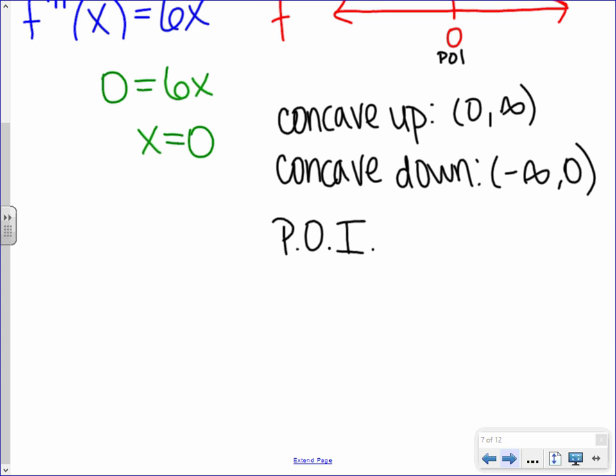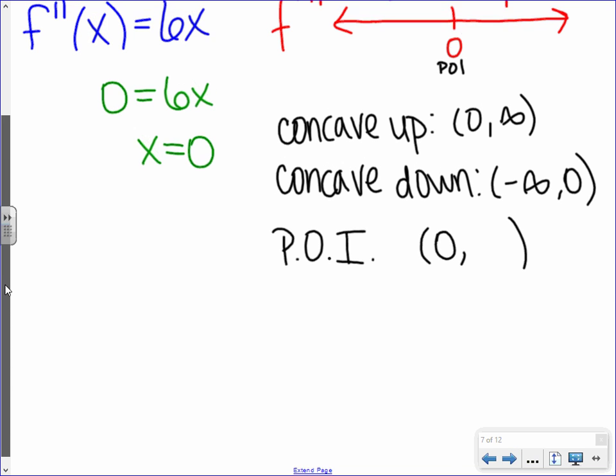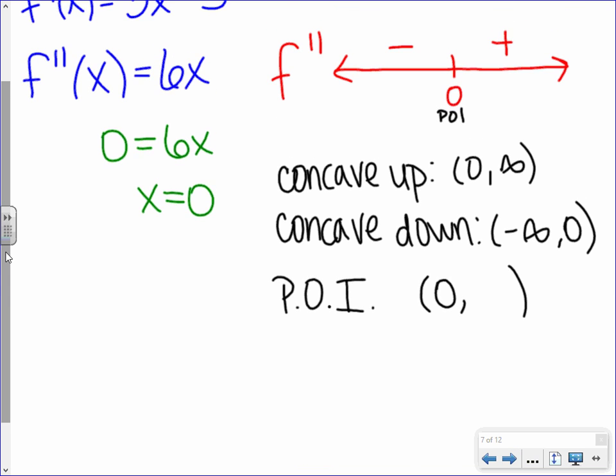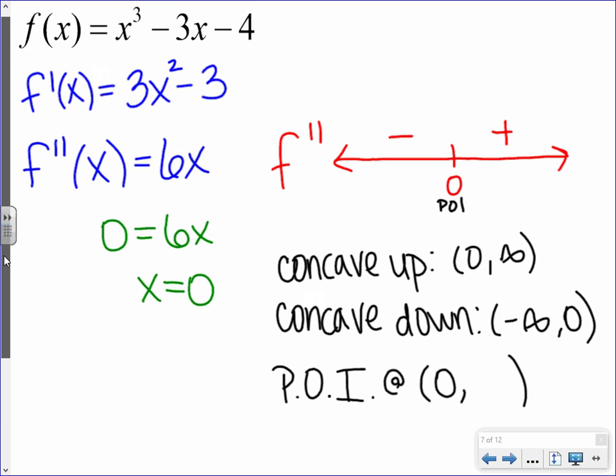Are you okay with that abbreviation? So our point of inflection is when x is 0. If we plug 0 into our original function, we get -4. That's the coordinate on our graph where our concavity changes.